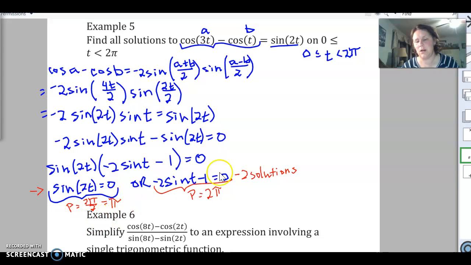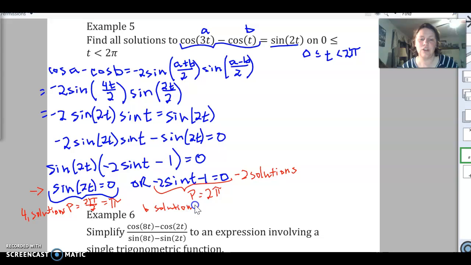So if we want all solutions between 0 and 2 pi, when our period is only pi, that's going to give us 4 solutions. So we're going to end up with a total of 6 solutions on this.